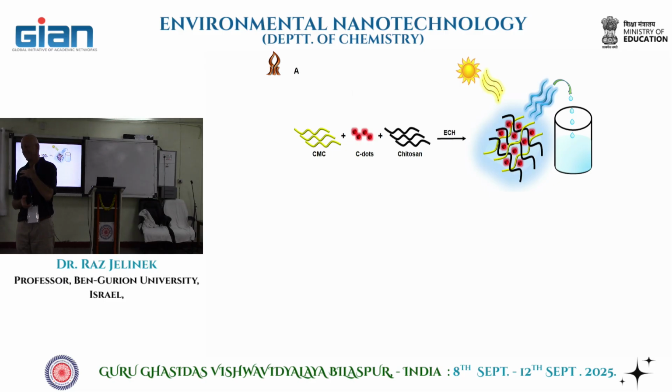And we can reuse it? This one, yeah, we definitely can reuse it. I think we tried maybe 100 times, 100 cycles. So that may lower the efficiency after using? Yes. What happens is that over time, you get a lot of ions and pollutants absorbed inside, and it's not so easy to get them out.